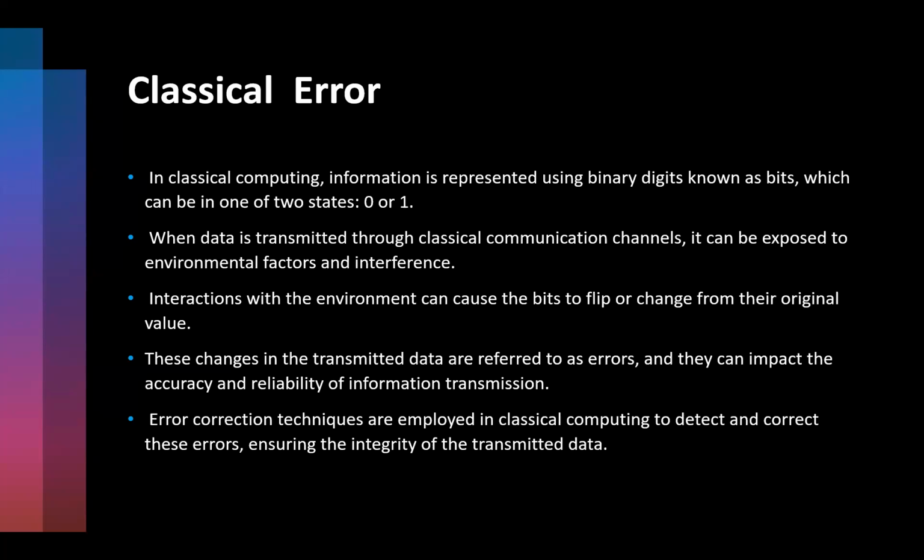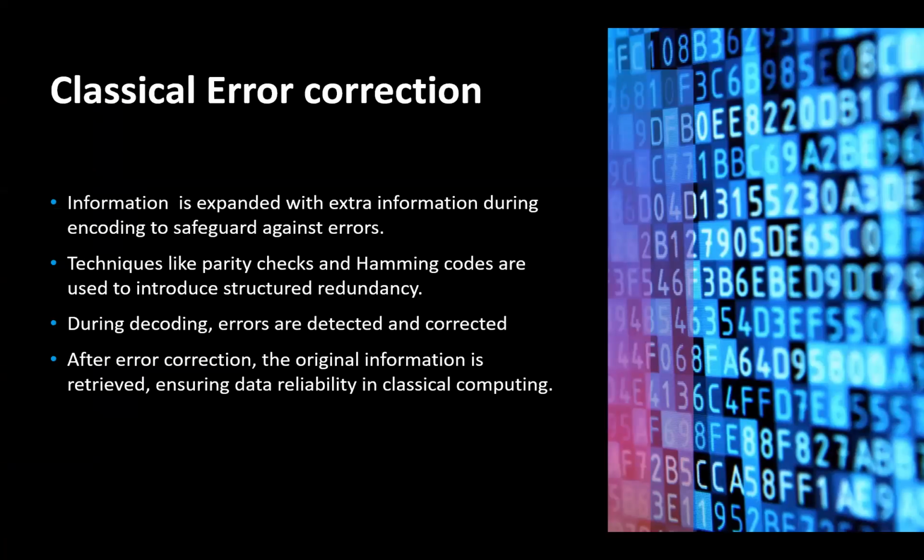Error correction techniques are employed in classical computing to detect and correct these errors, ensuring the integrity of the transmitted data. So how do we correct it? The basic idea of correcting classical errors is that the information is expanded with extra information during encoding to safeguard against errors.